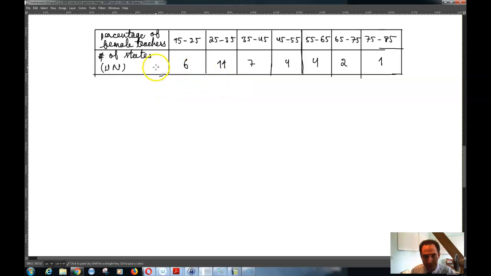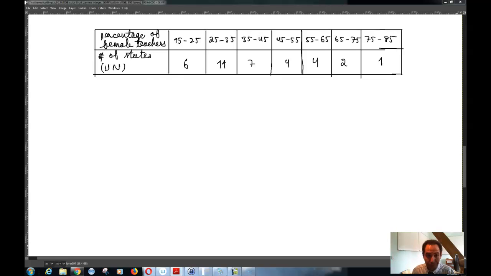So we had three methods that we talked about. The three methods were the direct method, the assumed mean method, and the step deviation method, right?